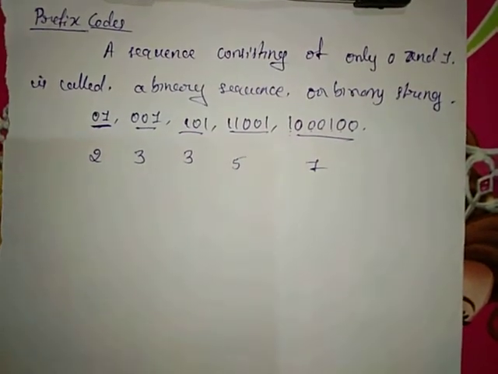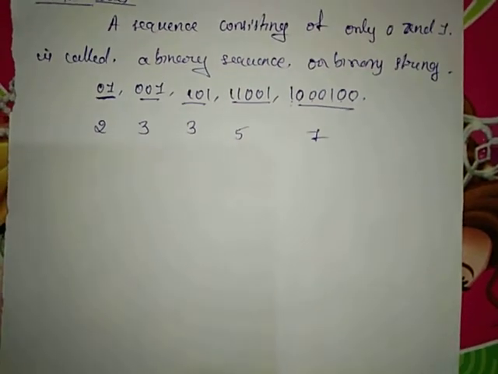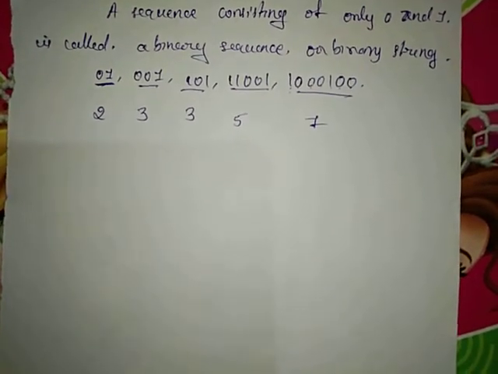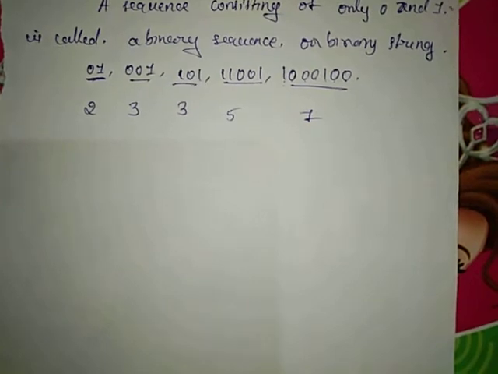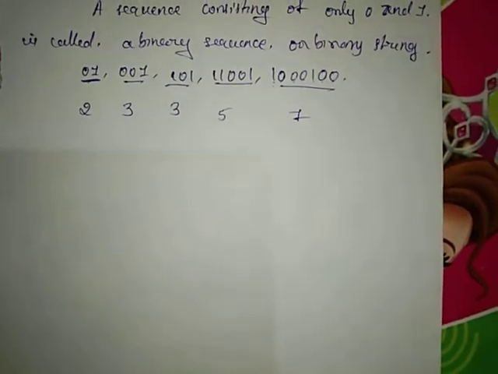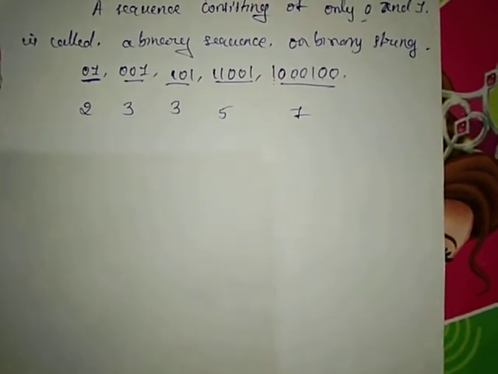Binary sequences are used mainly for messages sent through transmitting channels, like codings. We already know the barcodes of packed items we purchase.